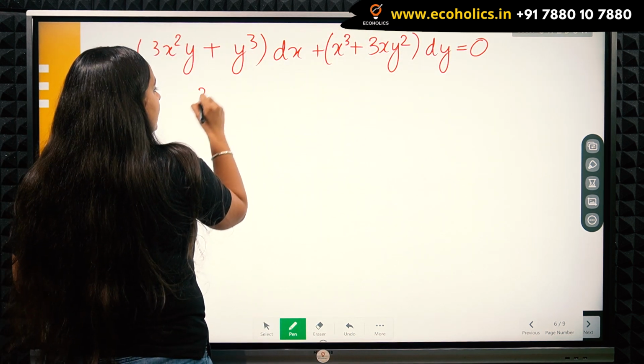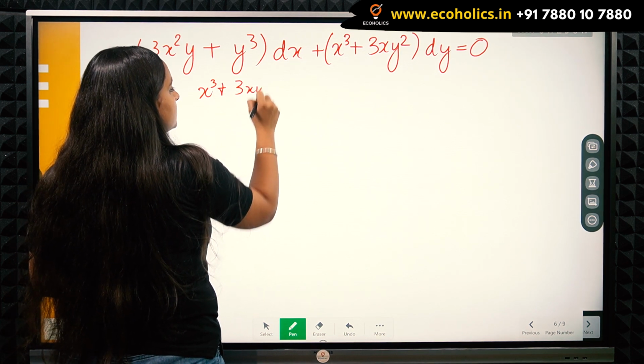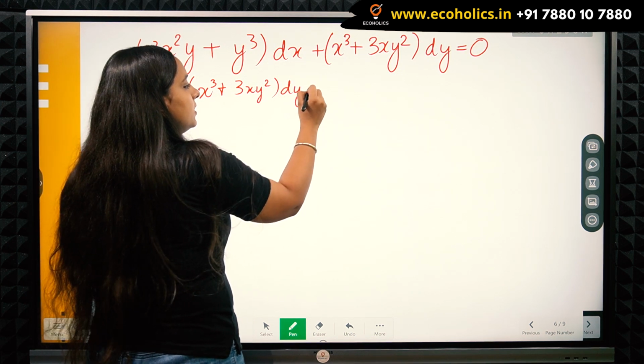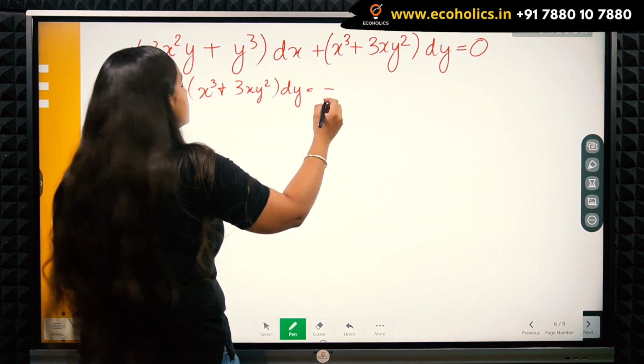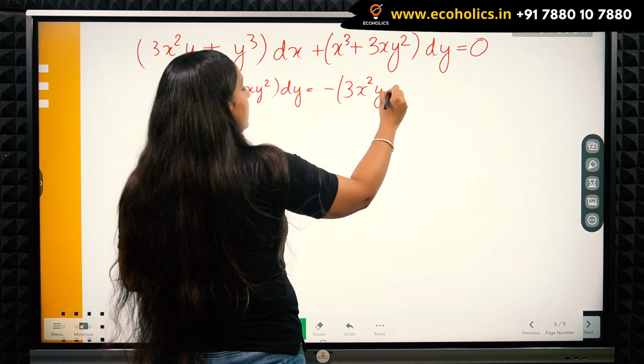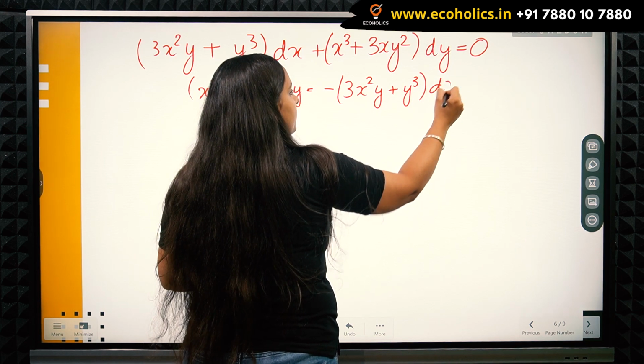So I will get (x cube plus 3xy square) dy equals minus (3x square y plus y cube) dx.